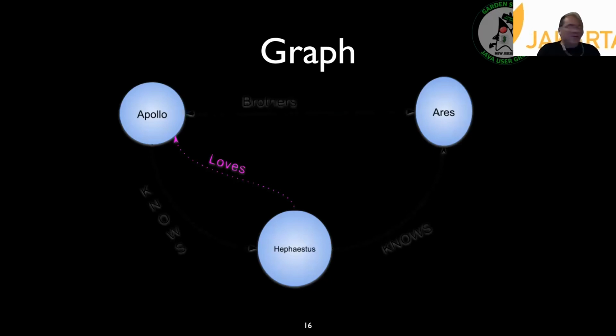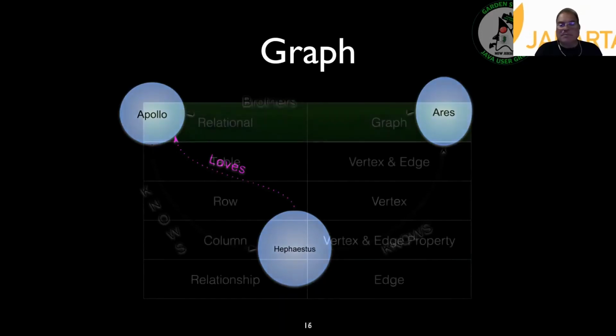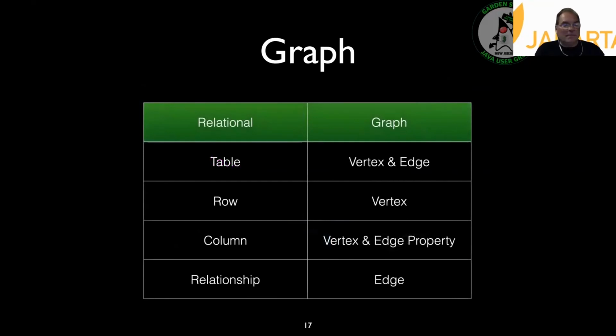Example databases are Neo4j, ArangoDB, and OrientDB. And just like I mentioned before in graph theory, a vertex and an edge is a table, and the vertex is a row, and you can see the rest right there.